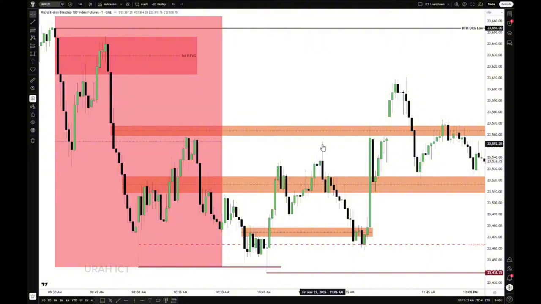Here, when I tell you that's manipulation, that's fill, it pulls back and goes right back into consequent encroachment of that wick. Look where the bodies are. See that? Starts to rally, and in one candlestick, look at the low to high. In 1 minute.